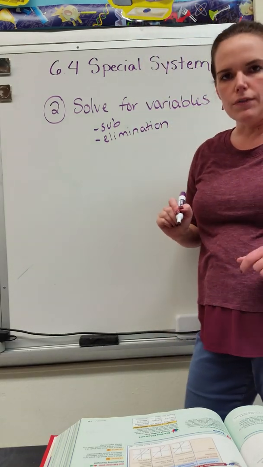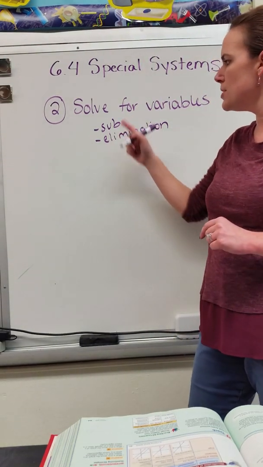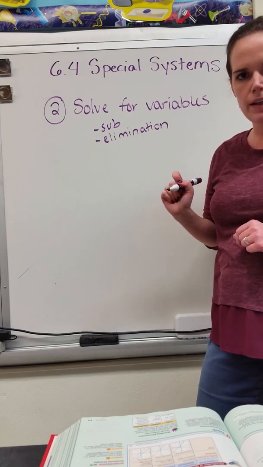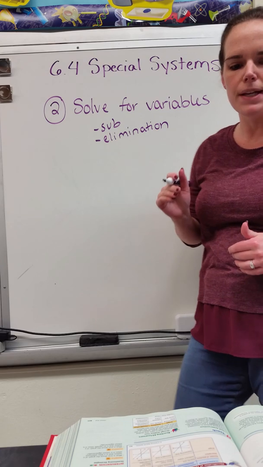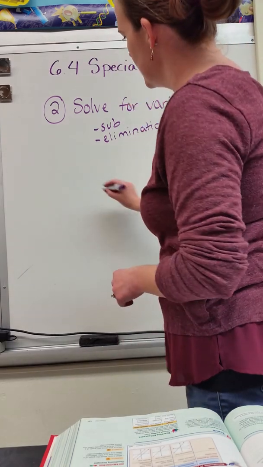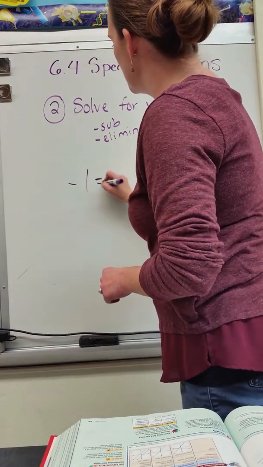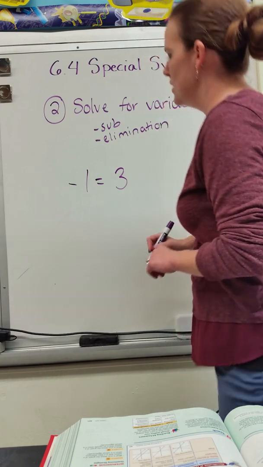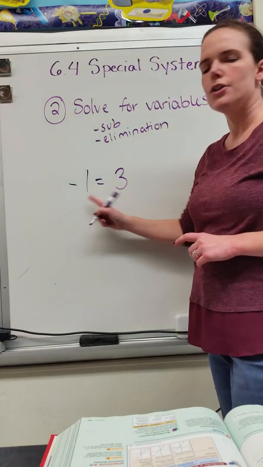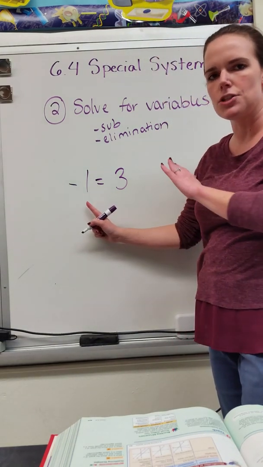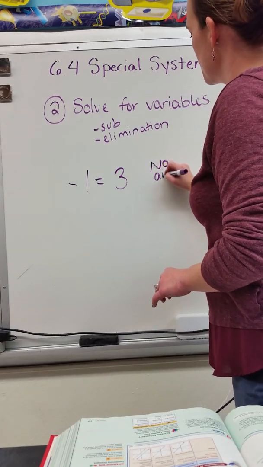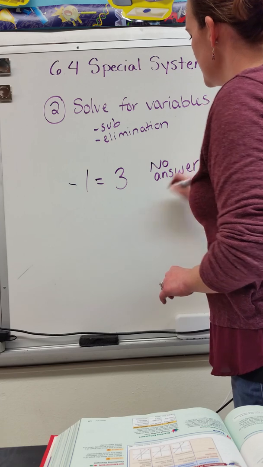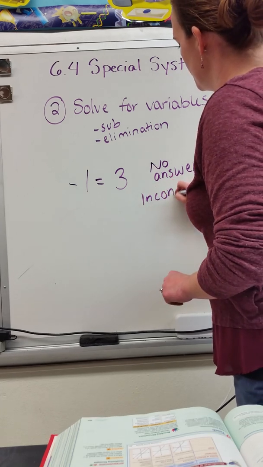When all is said and done, if you end up getting something that says -1 equals 3, a contradiction, something that just isn't true, that means there's no solution. This is inconsistent.